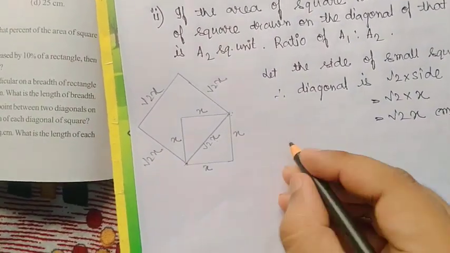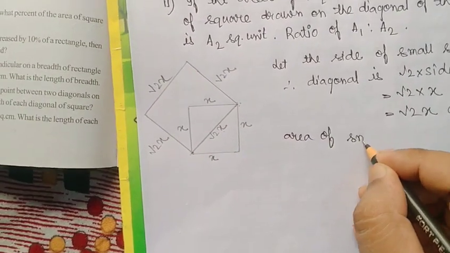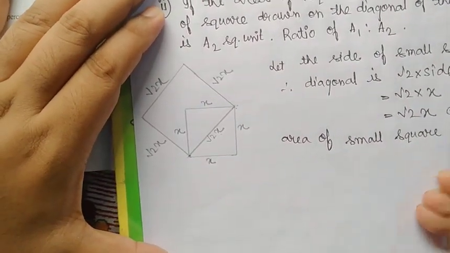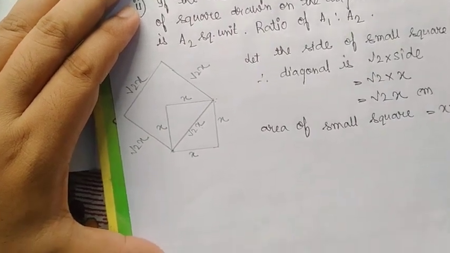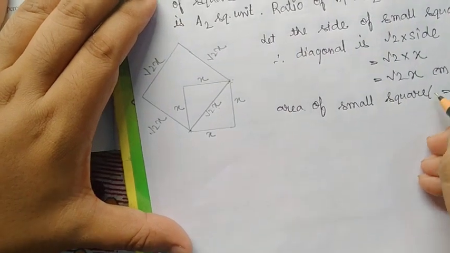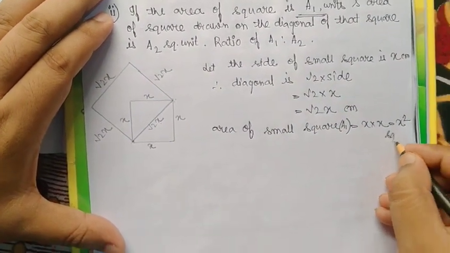So the area of the small square equal to x into x equal to x square. Area of this small square, we know that A1, so therefore A1 equal to x square square unit.